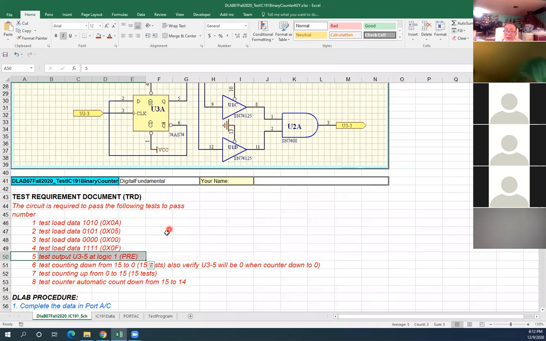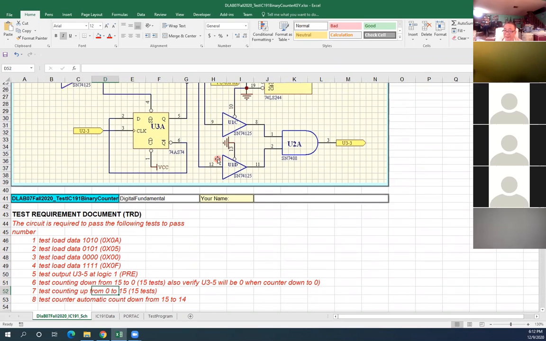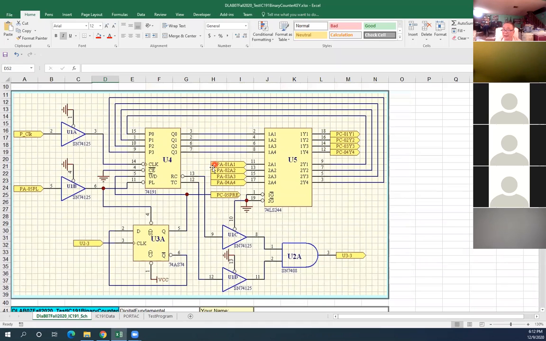After you counting down, now you will be testing counting up. Okay, number 7, counting up. So basically what happened here, after they count down to 0, you get the pulse coming out on those 2 guys here. Okay, and together, then you get the positive pulse coming here and apply your clock up to U3, they toggle.